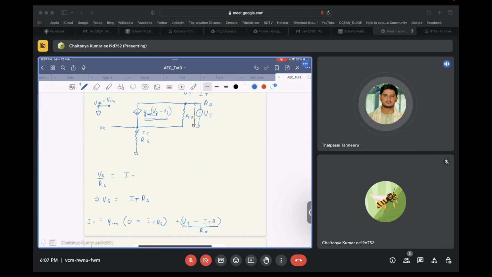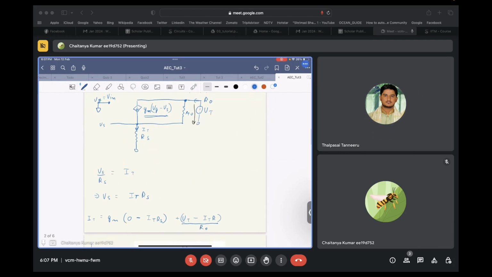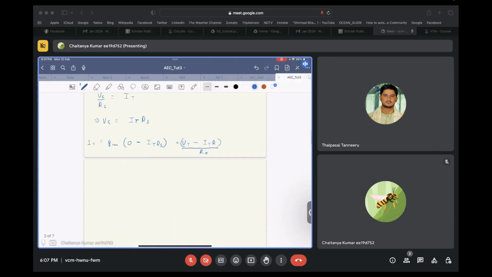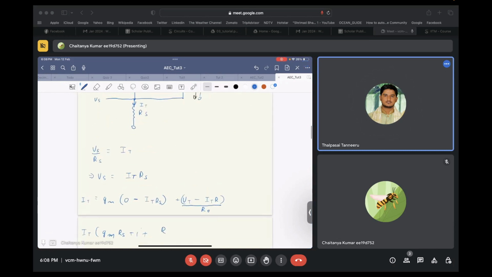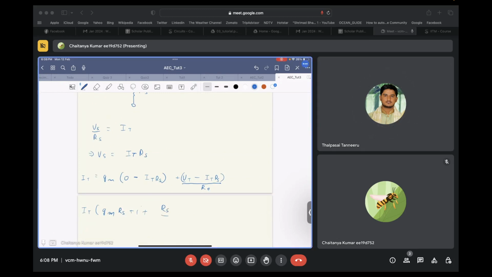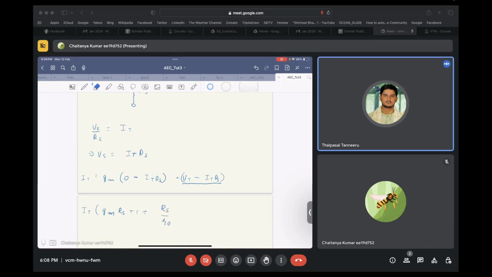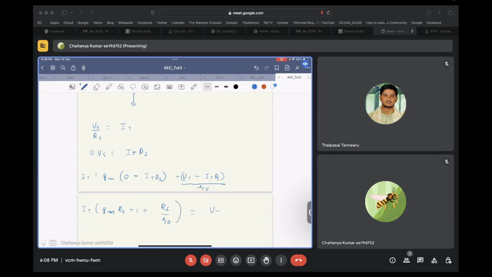Did you get this? Yes, sir. Perfect. From here, if you calculate Itest, rearranging this equation we get Itest times (Gm Rs plus 1 plus Rs by R naught) equal to VT by R naught.